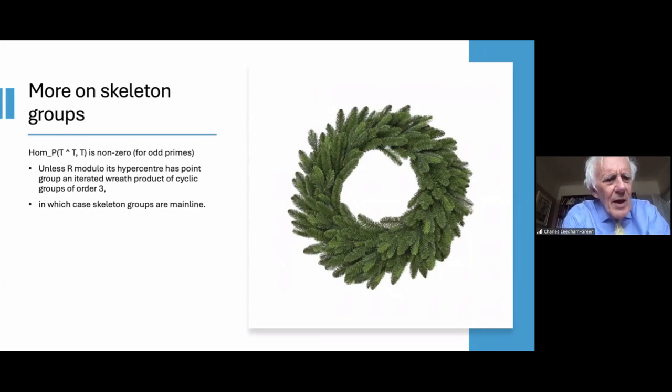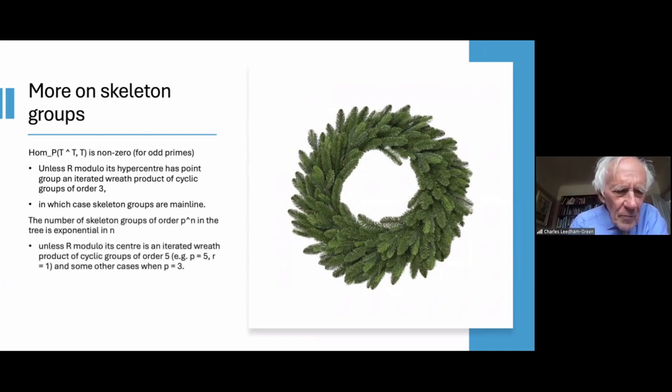In those cases where there aren't any homomorphisms, the skeleton groups, by definition, are mainline. There's nothing else that they could be. So the number of skeleton groups of order P to the n in the tree is generally speaking exponential in n.